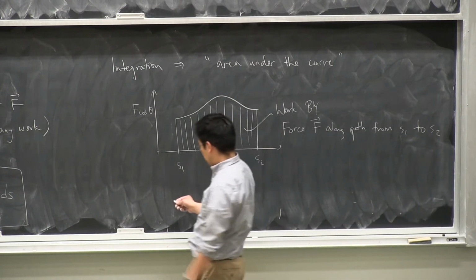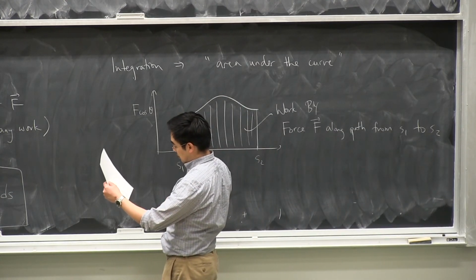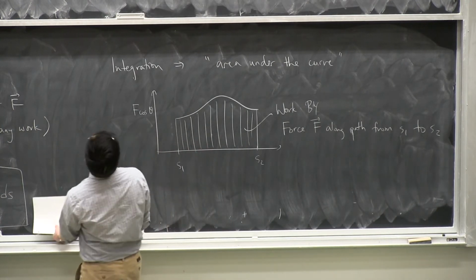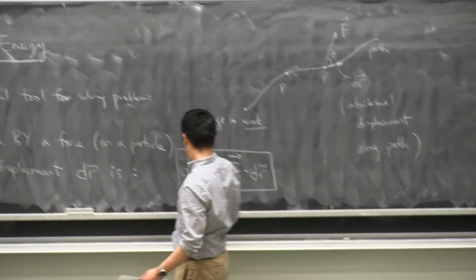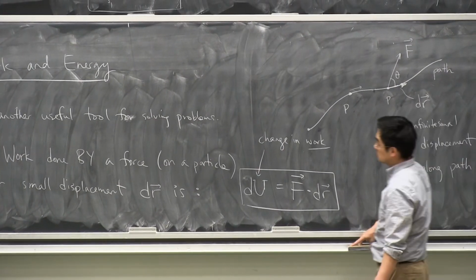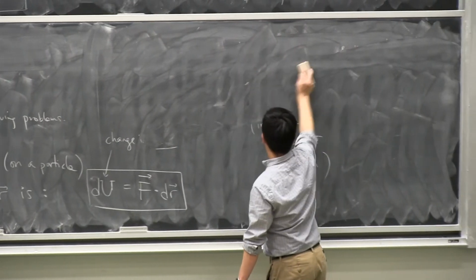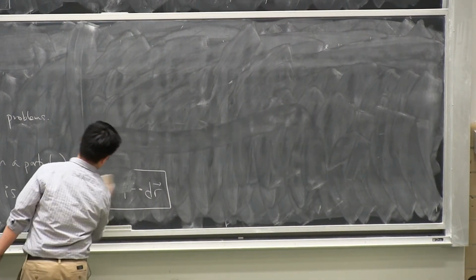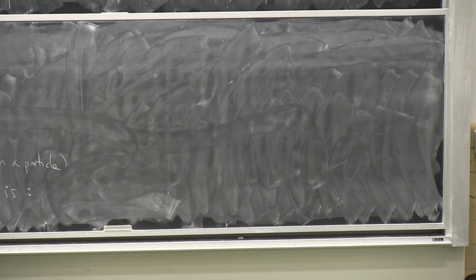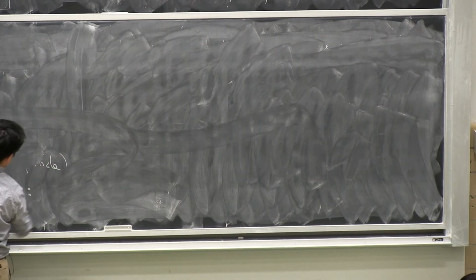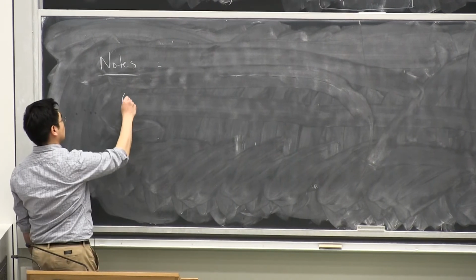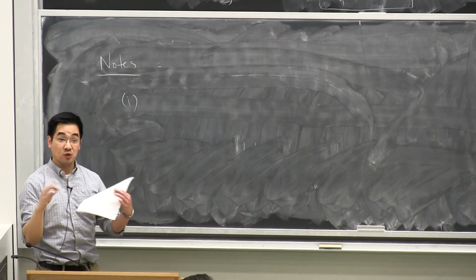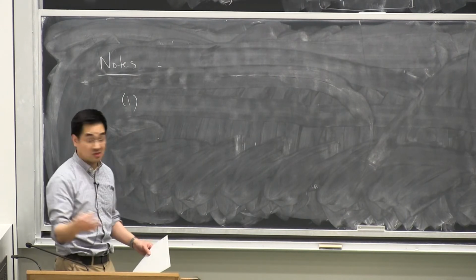Okay, a couple other notes. The first one is anytime you have two vectors and you've done a dot product, it always becomes a scalar.